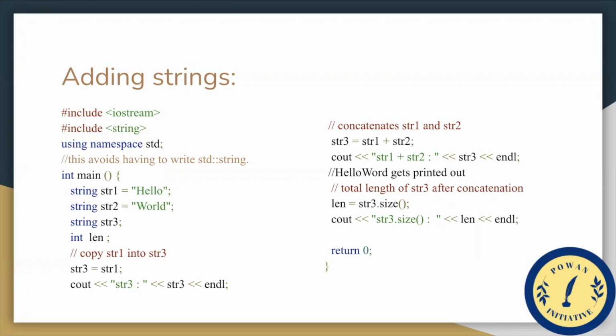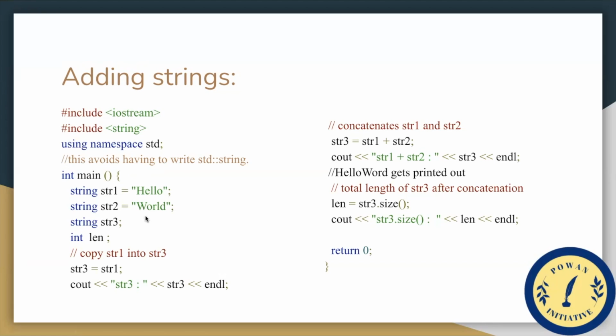In order to use the string data type, we always need that #include <string>. That is our string header, which has to be included at the top of the program. You'll also need using namespace std to make sure the short name string is there, which makes it a lot easier to simply write string str2 = "world".